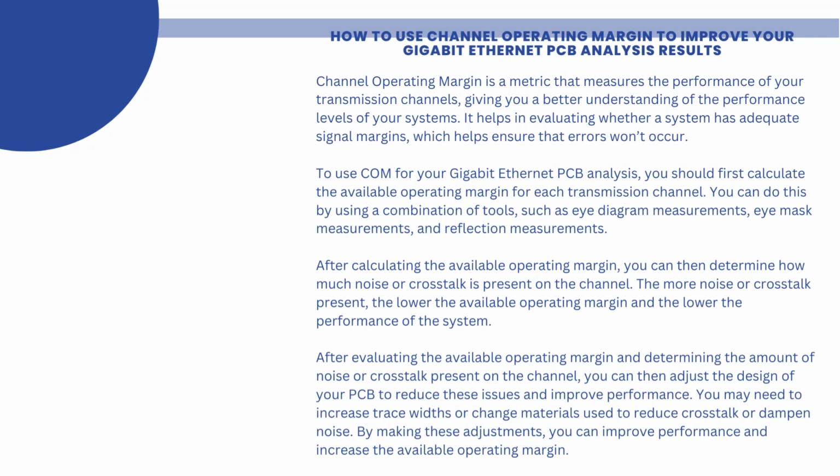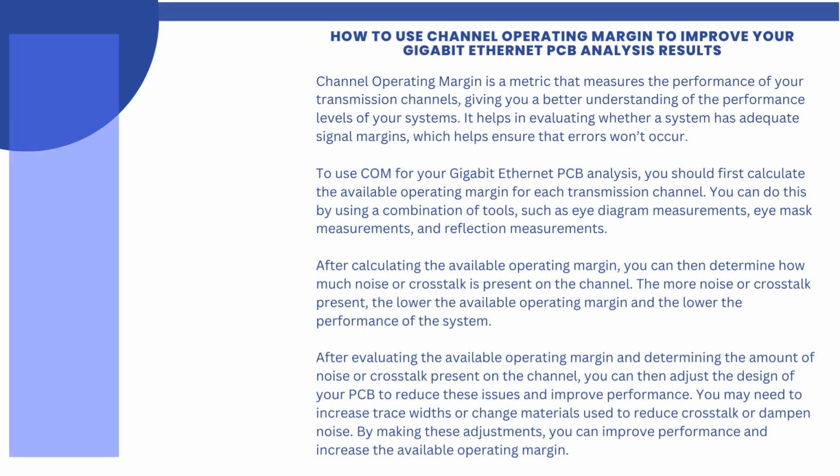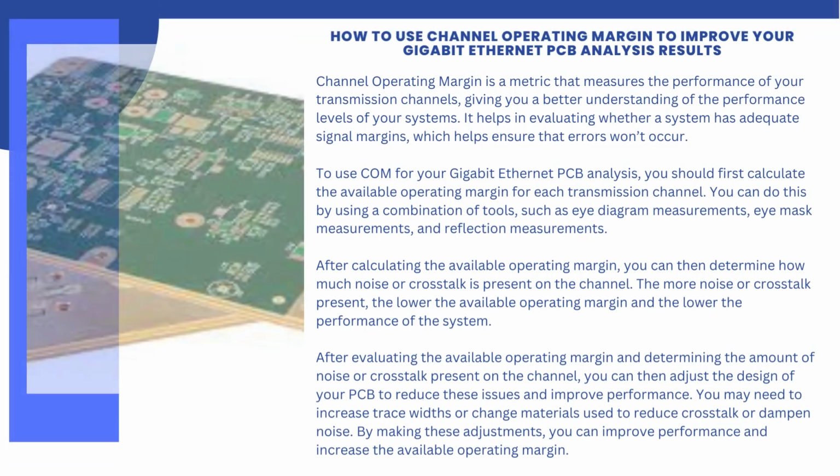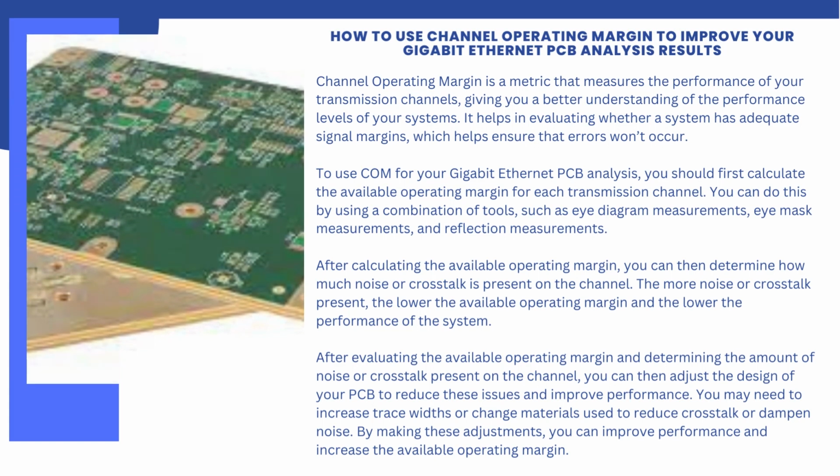How to use channel operating margin to improve your Gigabit Ethernet PCB analysis results. Channel operating margin is a metric that measures the performance of your transmission channels, giving you a better understanding of the performance levels of your systems. It helps in evaluating whether a system has adequate signal margins, which helps ensure that errors won't occur.